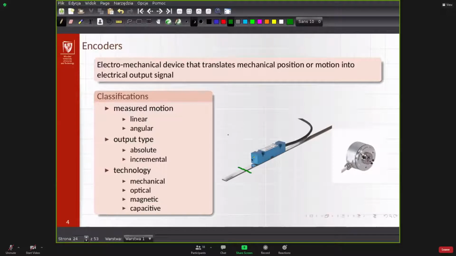For example, in Fanuc robots that we have in the laboratory, the data from encoders are stored in memory. So even if you switch off the robot and turn it on, the values are read from the memory of where the robot should start counting its position again.